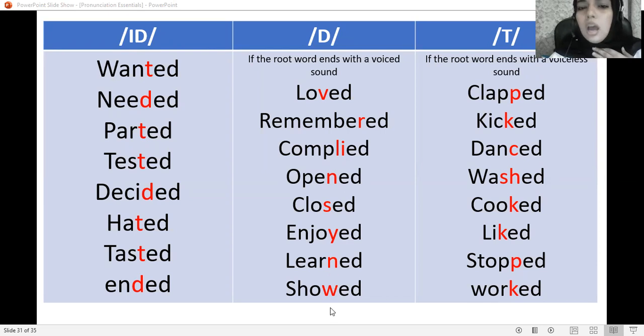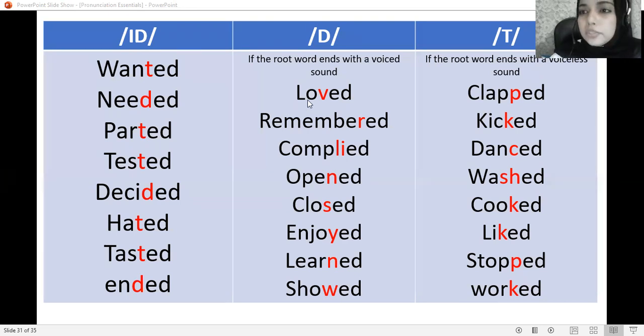Again, the w sound is w. For all these sounds, your vocal cords are moving, which means when we have a voiced sound, you must pronounce ed as d.